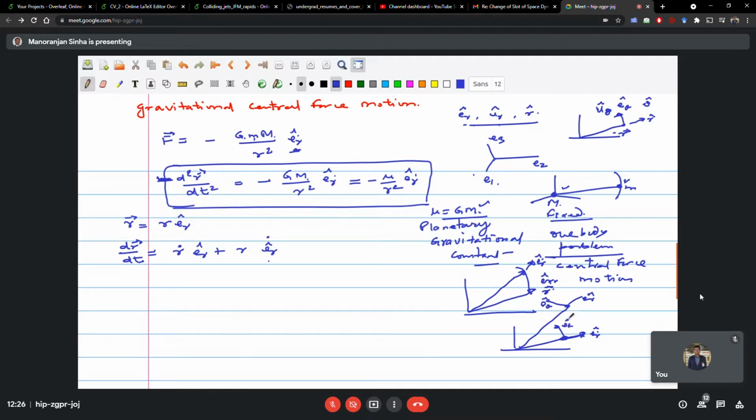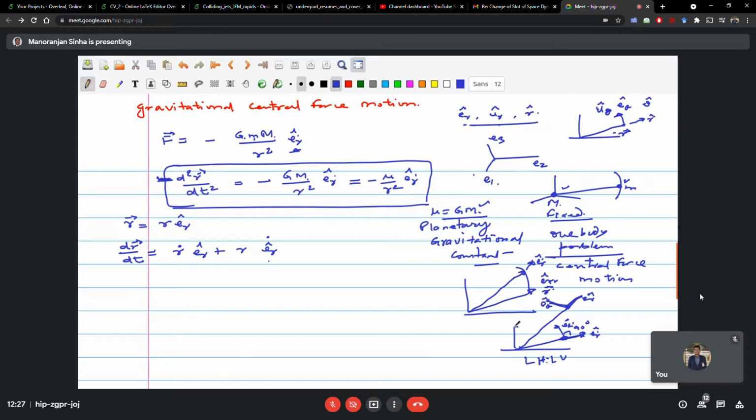So this constitutes what is called a local horizontal, local vertical frame. This is 90 degrees. This is LV, local vertical, LH, local horizontal. So if we look in this frame, then the ER is not changing. So ER dot there will be 0.